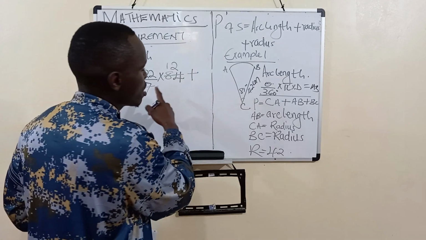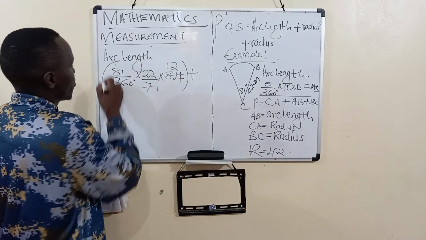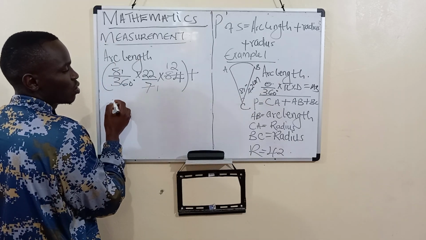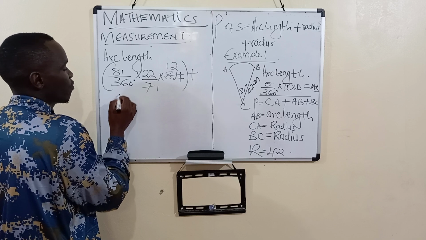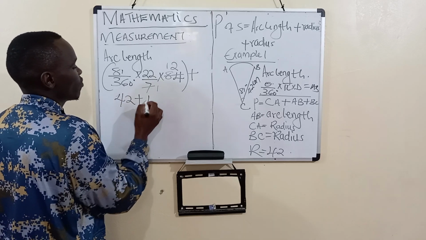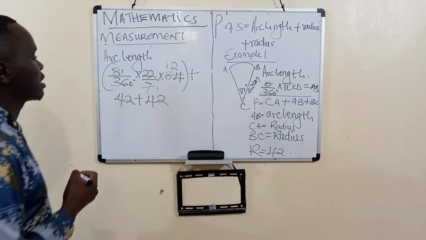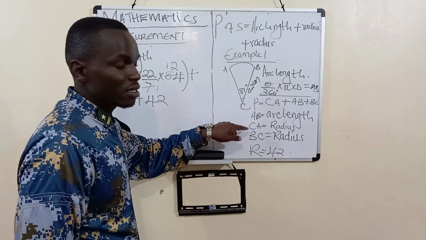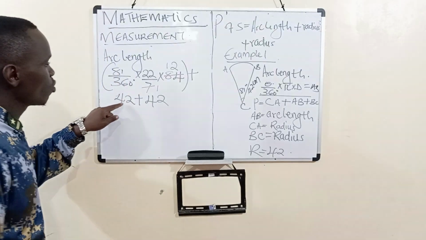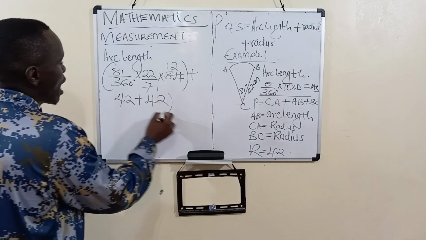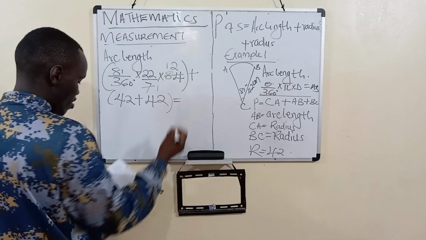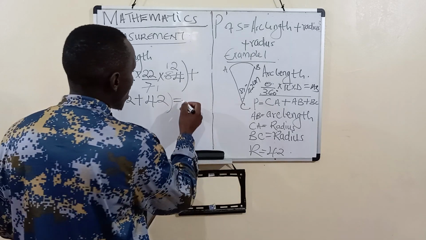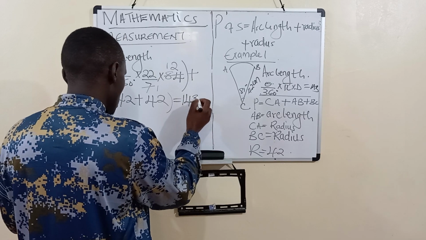When we get the arc length, we are going to add two radii: radius 1, which is distance CA, 42, plus distance BC, 42. When you add everything, you are going to have the answer as 143.3.